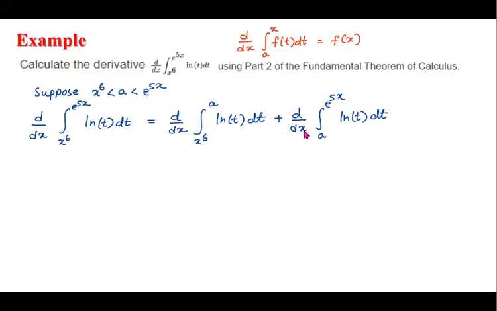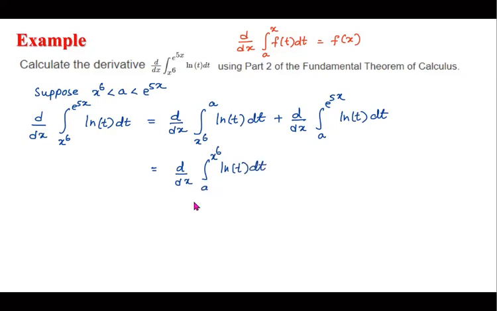Now the second integral is easy to evaluate because it has a as the lower limit. But in this one, a is the upper limit. What we can do is basically switch this. It is easy. You can see here, we can switch this to d over dx of the integral from a up to x to the 6 of natural log t dt.